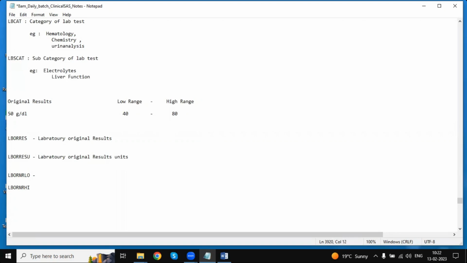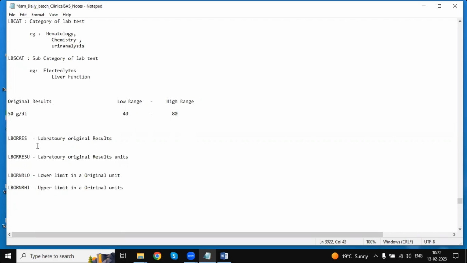So the label should be lower limit in original unit, lower limit, and upper limit in original unit.